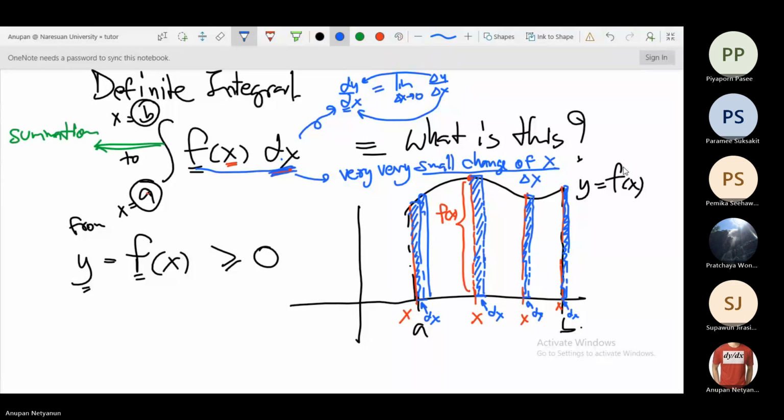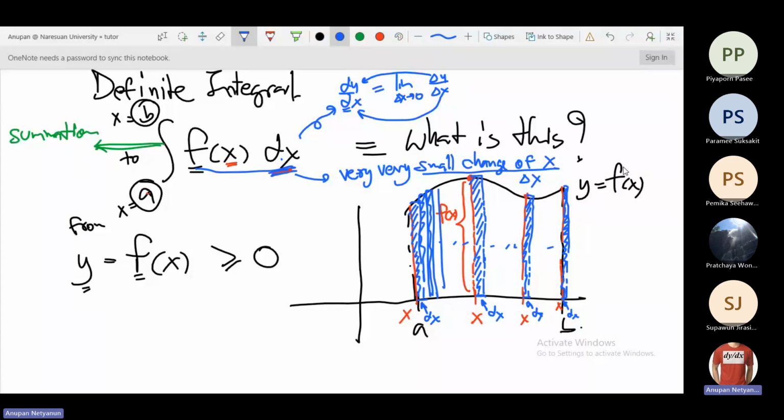You sum these two rectangles, which means you put them together. Then if you move x a little bit, you have another rectangle, and you sum these three rectangles, so you add the areas together. And you keep going.